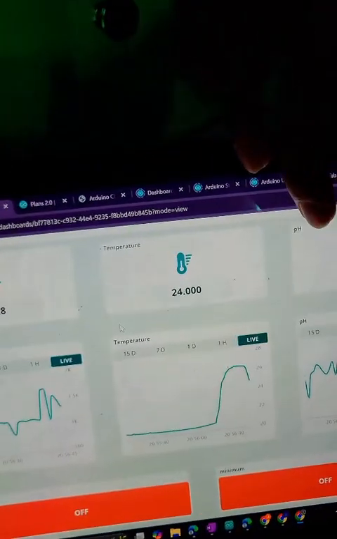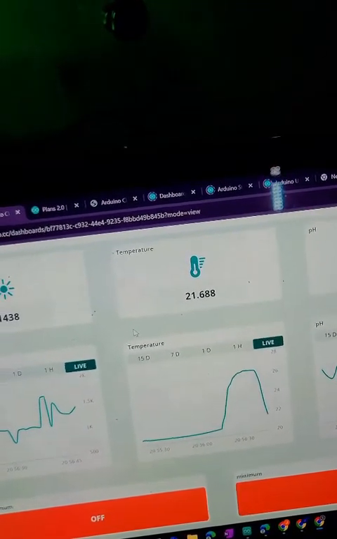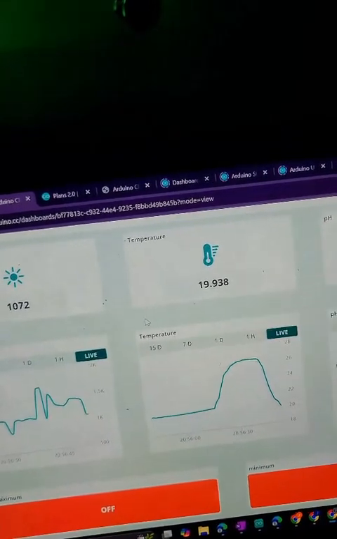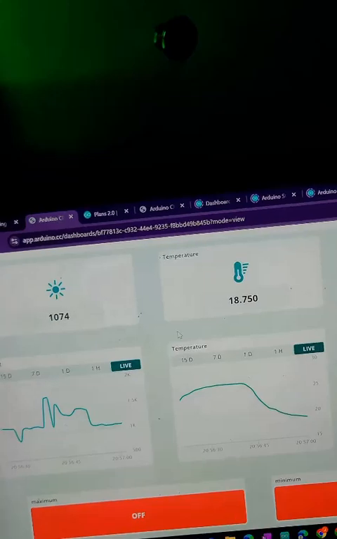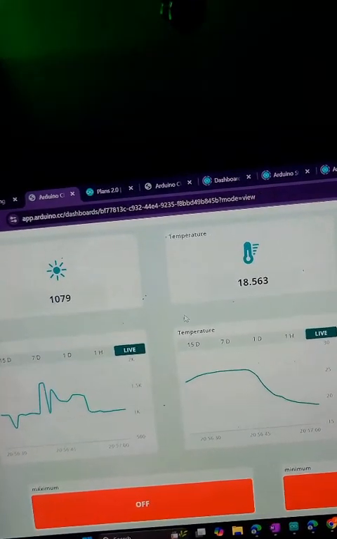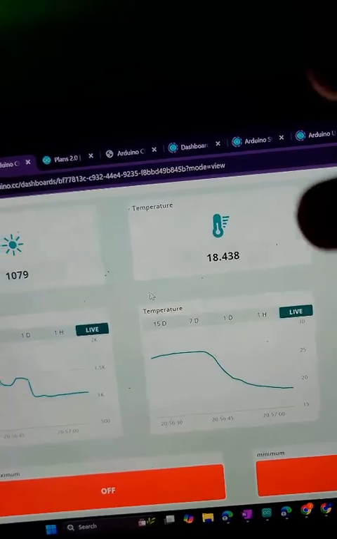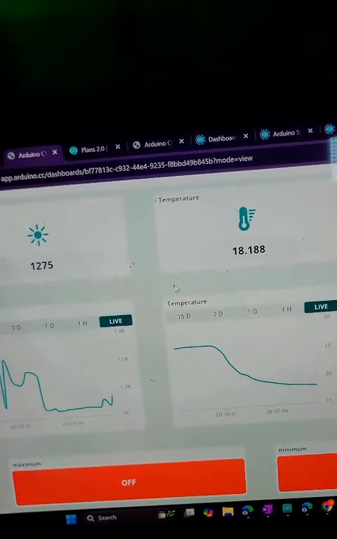Do you see that? Another response of my system is that when the temperature goes too low, below 18 degrees Celsius, the system should turn red. The process is a little bit slow, but the principle here is that we are getting the information online through the ESP.